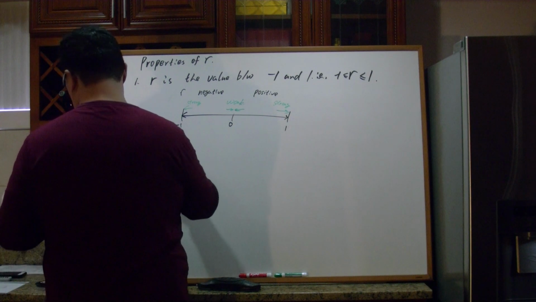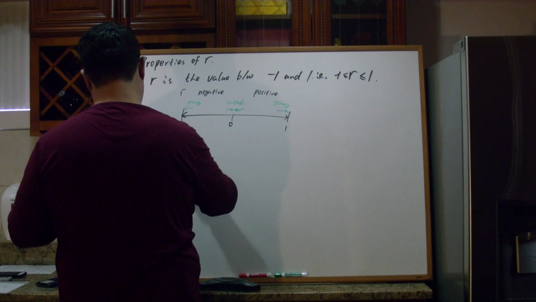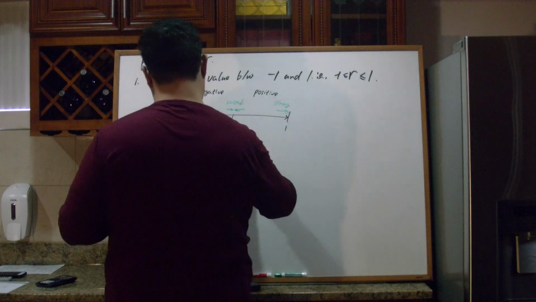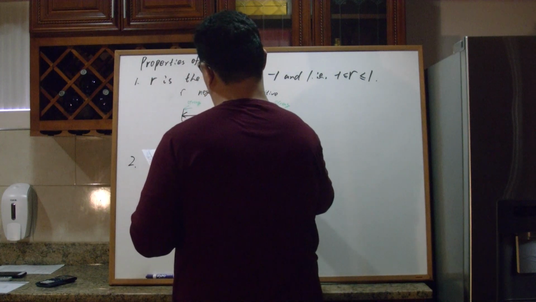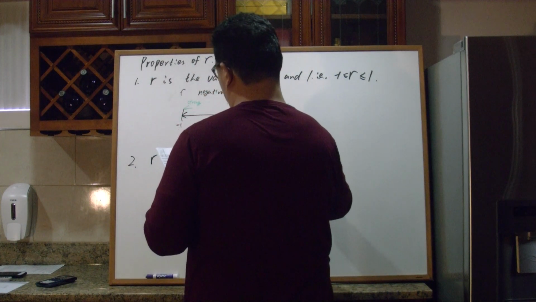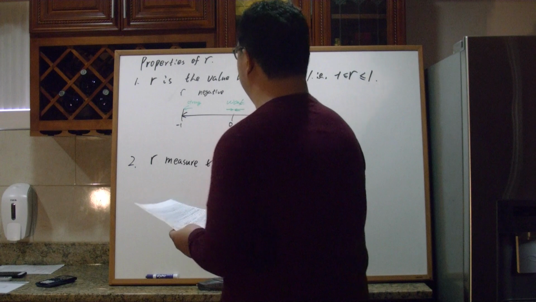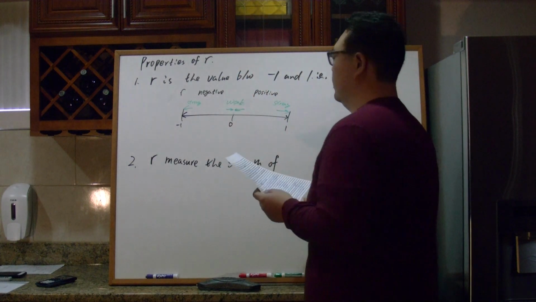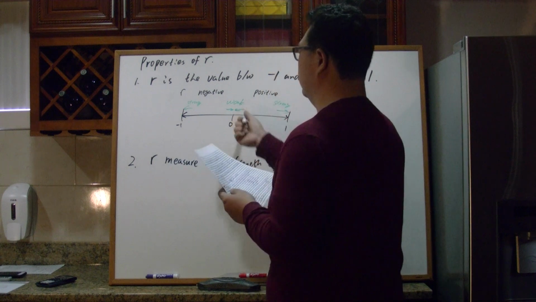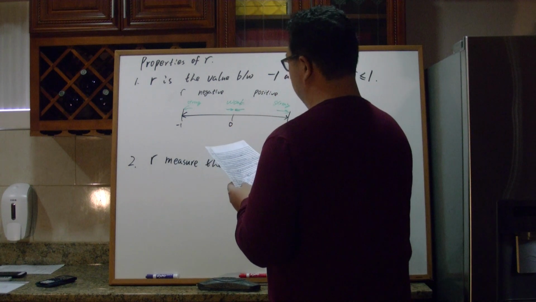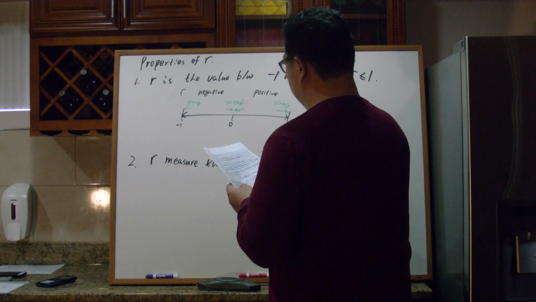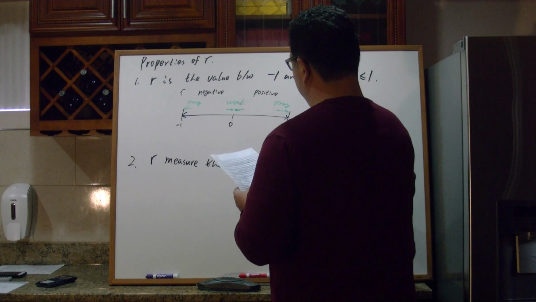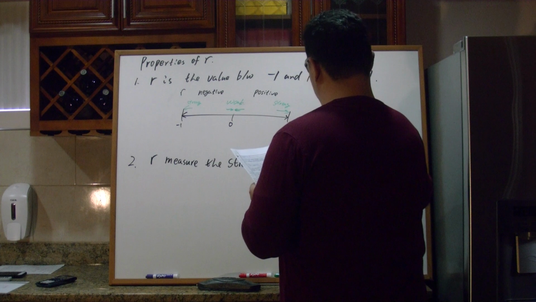And also, R measures the strength we have seen already. Getting closer to 1 is stronger, absolutely. Getting closer to 0, absolutely, is weaker, right? But it measures the strength of the linear correlation relationship.